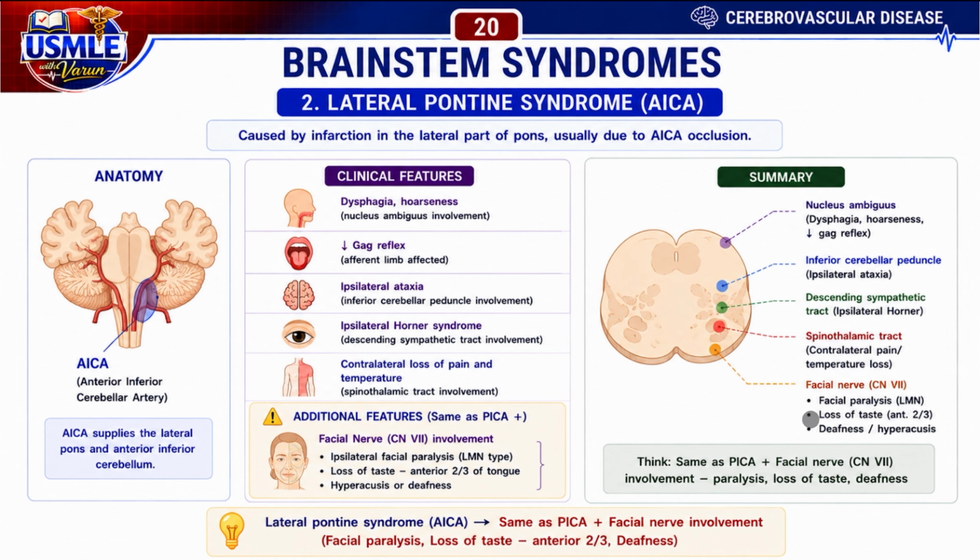And in addition to all of these, there will be facial nerve involvement leading to facial paralysis, lower motor neuron type, loss of taste sensation of the anterior two-thirds of the tongue, deafness, and hyperacusis. It is the same as PICA, but there is facial nerve involvement, paralysis, loss of taste sensation, and deafness.